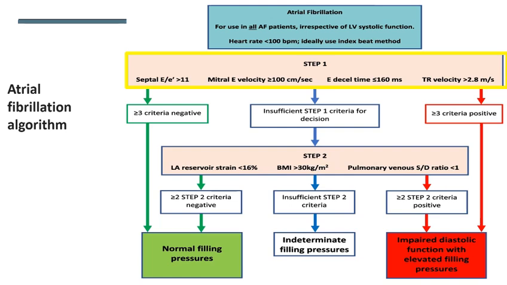In scenarios where fewer than 3 parameters are available and fewer than 2 are positive or negative, filling pressures are unclassified and supplementary parameters should be considered in step 2.